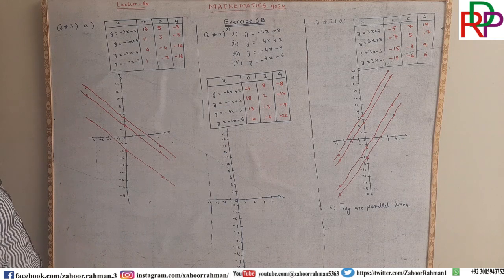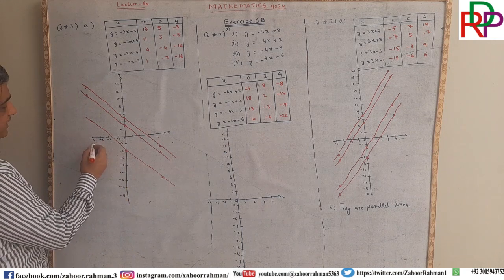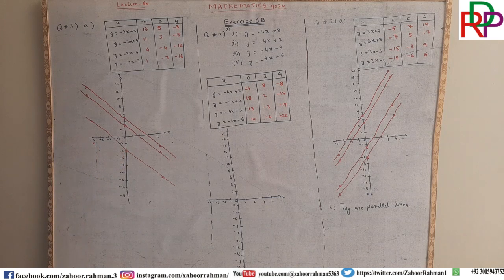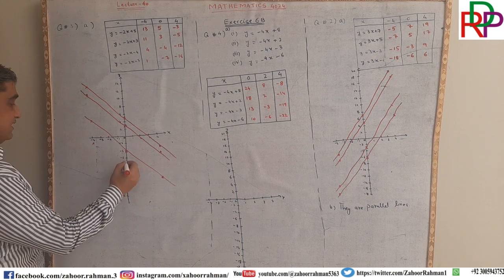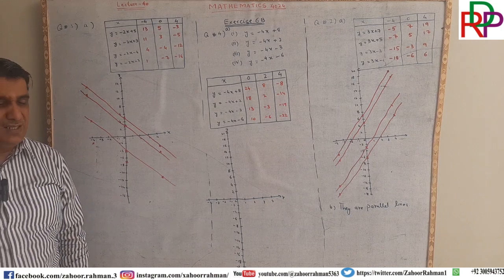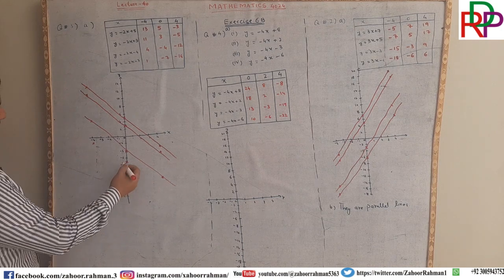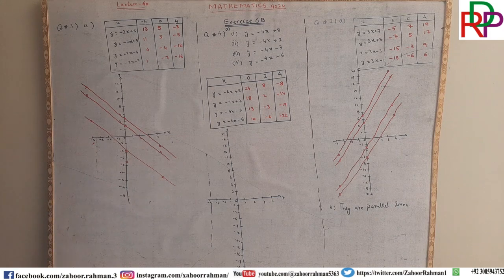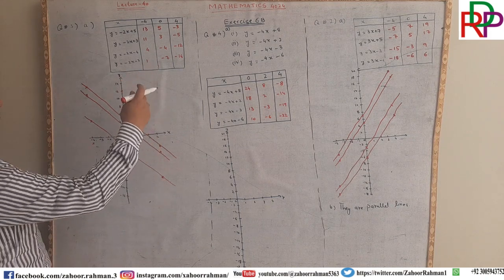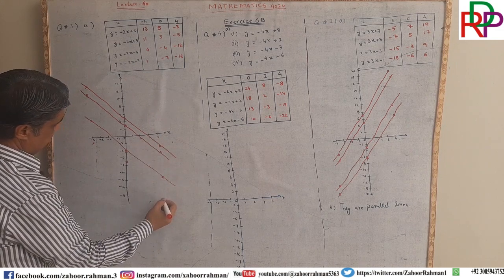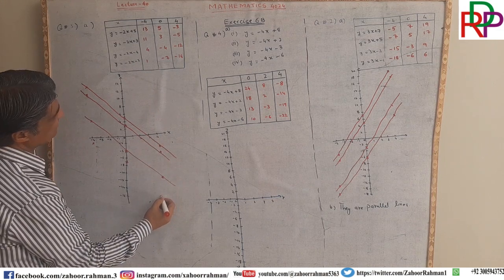The final one, minus 4 and minus 1, it will be between these two. Roughly I am drawing it again. 0 and minus 7, and minus 7 will be here, and then we are going to draw for 4 minus 16.